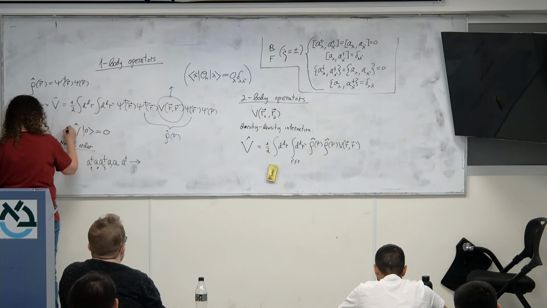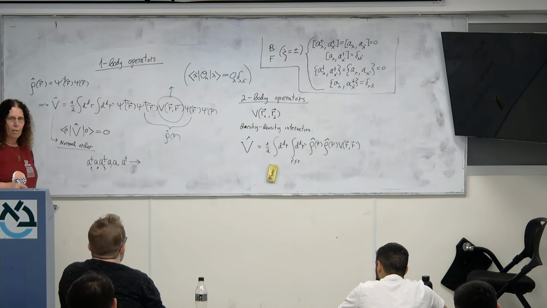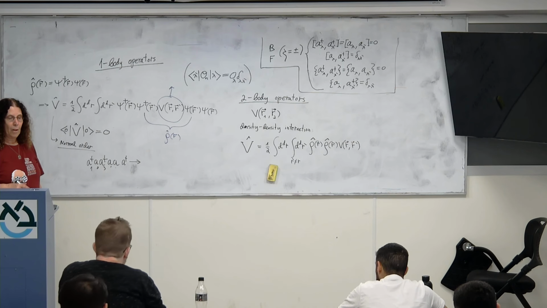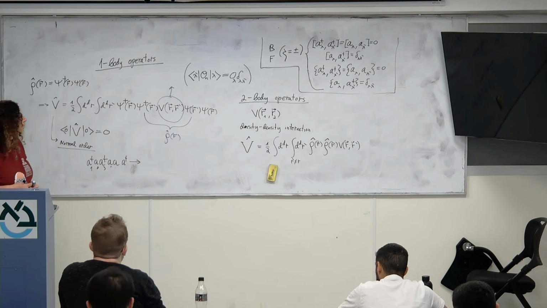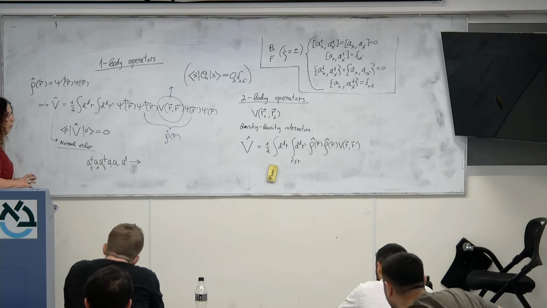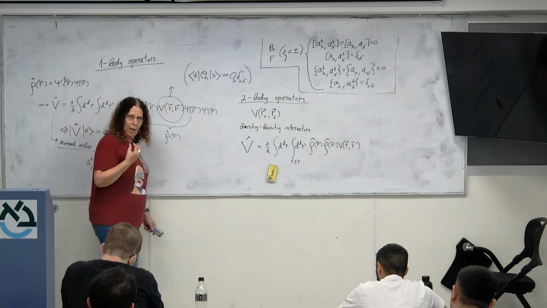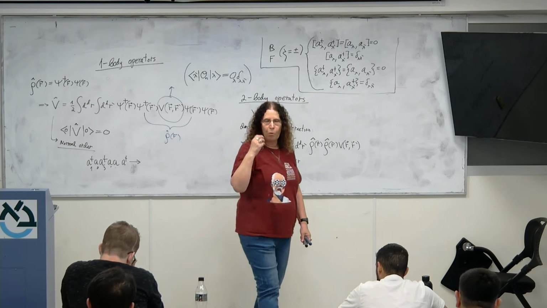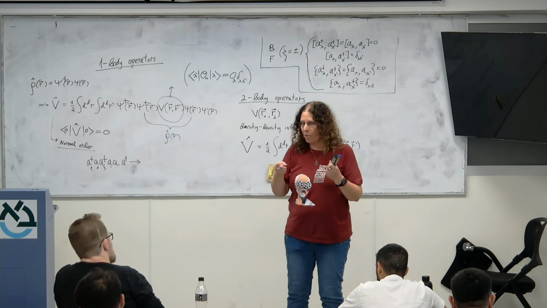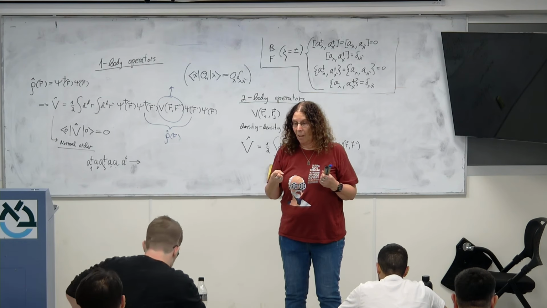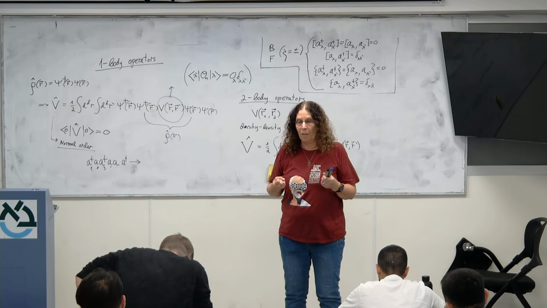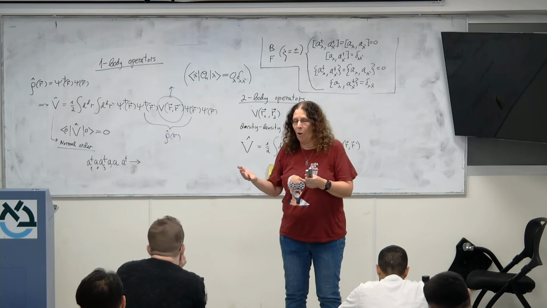So I can also write it like this. The reason we want it is that if you're talking about interactions between particles, there's no meaning to a value of this in the vacuum.